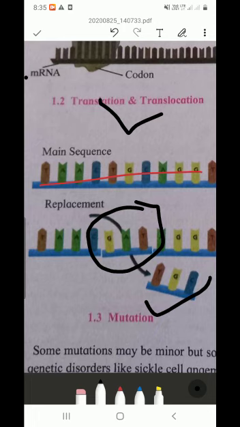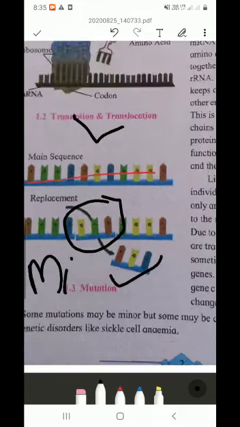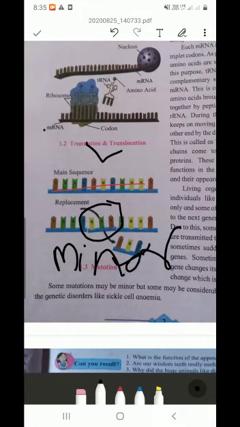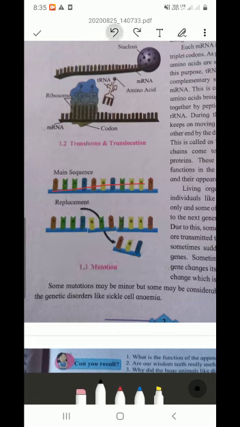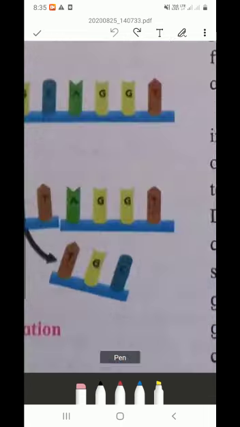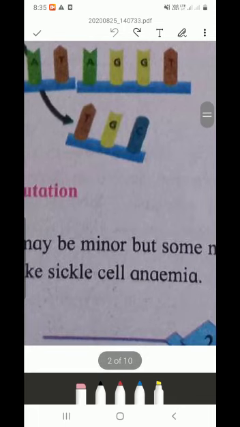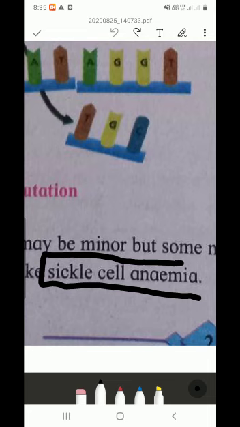This may be minor, but sometimes this may not be minor, and the major problems can cause sickle cell anemia, which is a very, very worst disease.